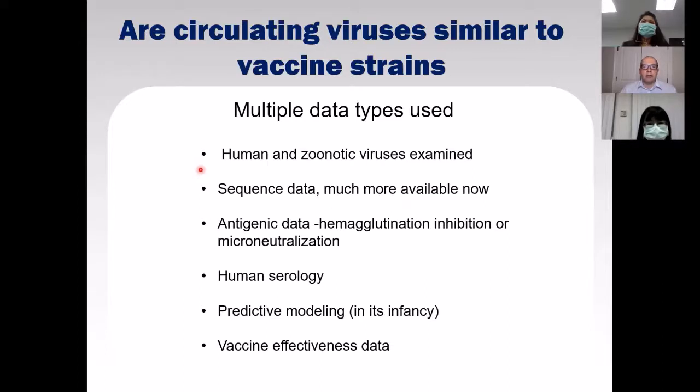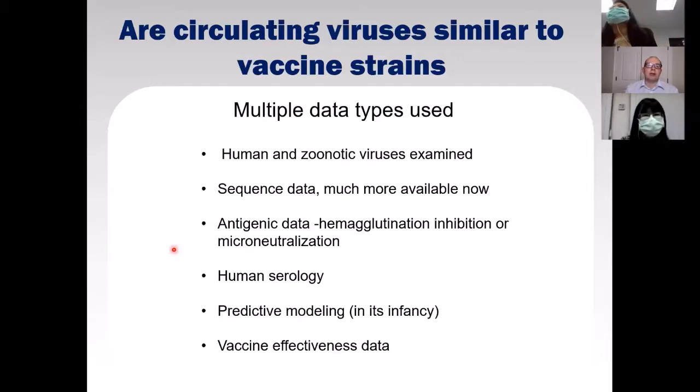Over time, the system has changed a lot, and certainly now there's a lot more sequence information available with next generation sequencing platforms. Of course, it's much easier to generate the sequence information now. So there are thousands of viruses that are sequenced a year. The most important information is the antigenic information, however. This is done with much lower throughput assays, either hemagglutination inhibition or microneutralization assays.